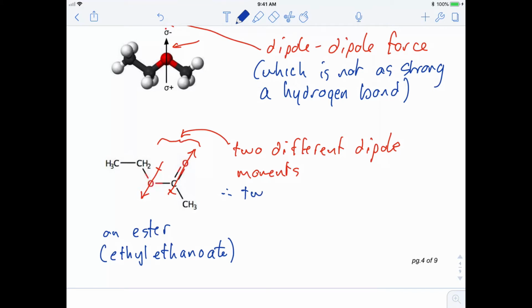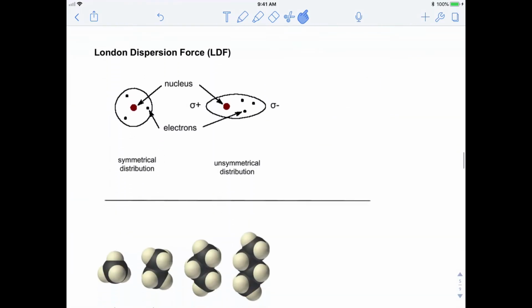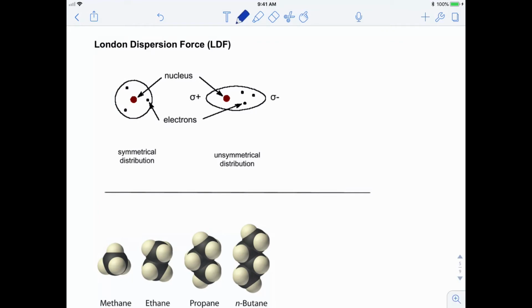And so we have two different dipole moments, therefore two areas for establishment of dipole-dipole forces in an ester. So esters have, relatively speaking, higher boiling points than anything with simply LDFs.